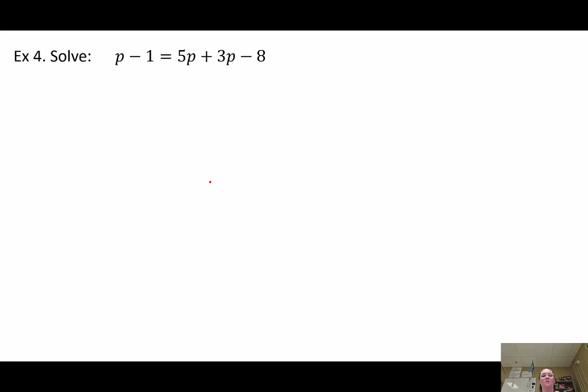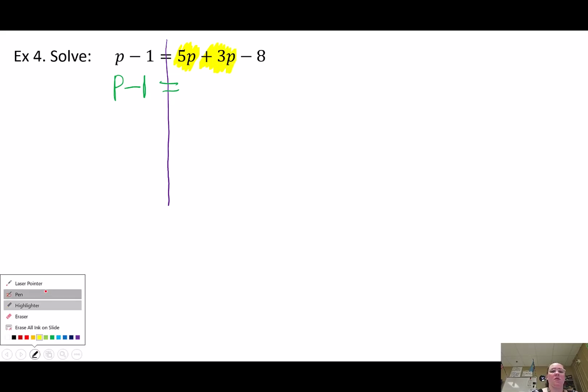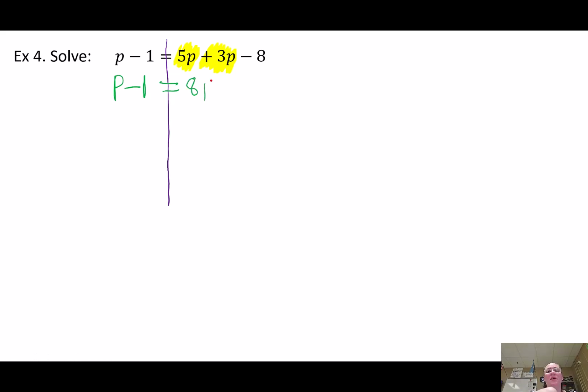All right, let's look at another one. So I've got p minus 1 equals 5p plus 3p minus 8. So looking at the left side here, nothing simplifies, so we're going to just leave it p minus 1 equal to, I do have two like terms here, so 5p plus 3p. So 5p plus 3p is 8p minus 8.